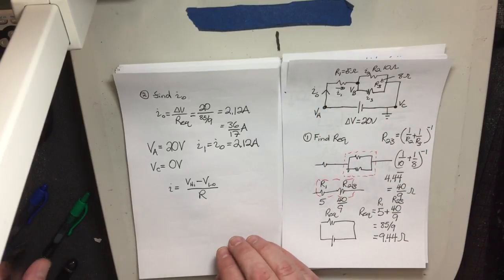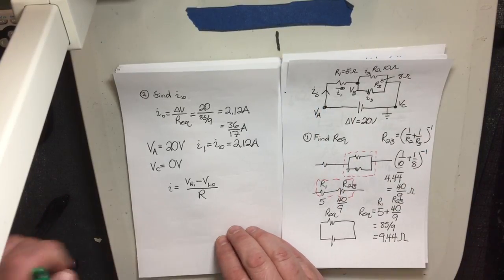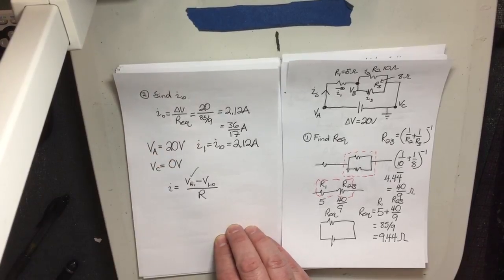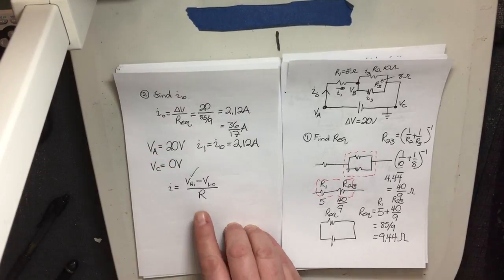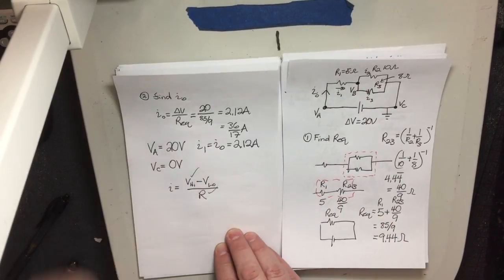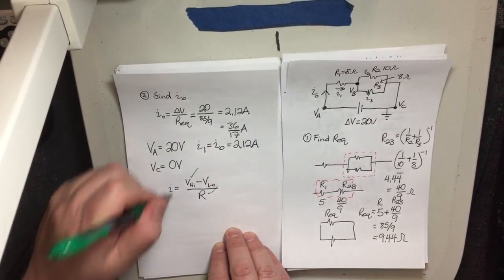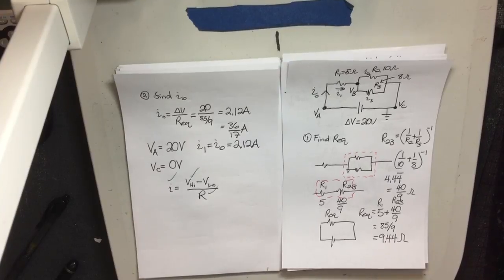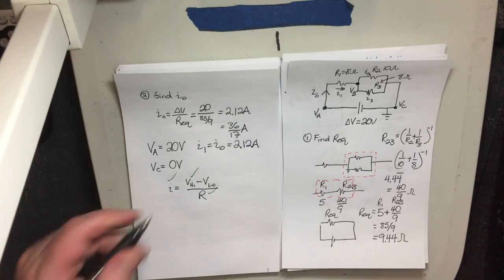So I know V high, that's 20 volts. I know the resistor from there to there, that's R1. And I know I1, the current flowing across the R1 resistor. So I can now identify the resistance at B.